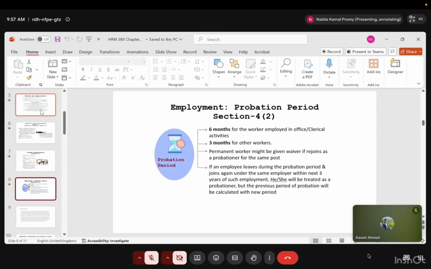After that, we talked about probation period, which varies, like for white collar or blue collar employees. In some cases we have a probation period of 3 months, and in some cases 6 months.